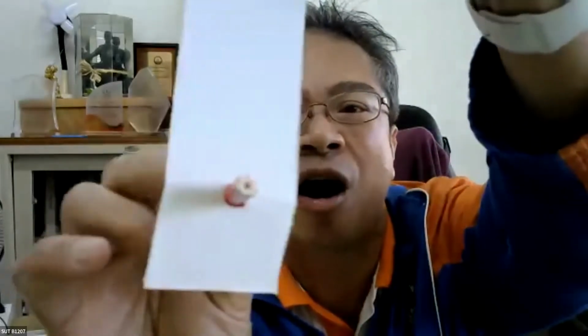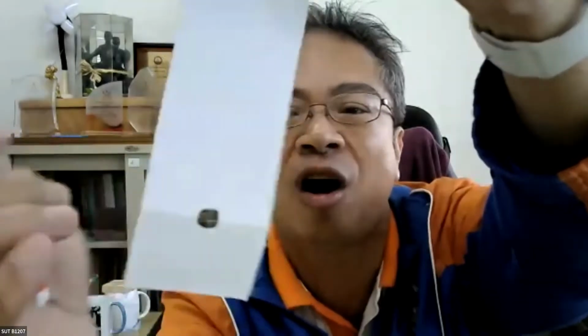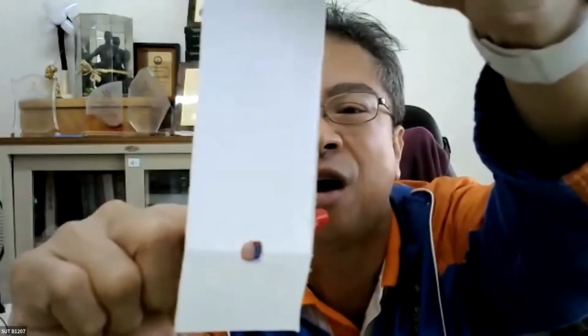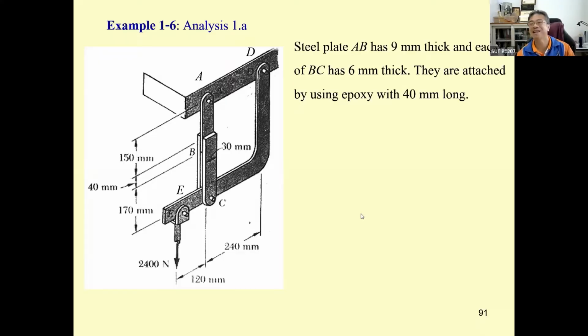And also, if you consider more on this portion, there is going to be bearing stress occurring on this area of the hole. If you build this kind of sample, it will help your understanding of this problem again.